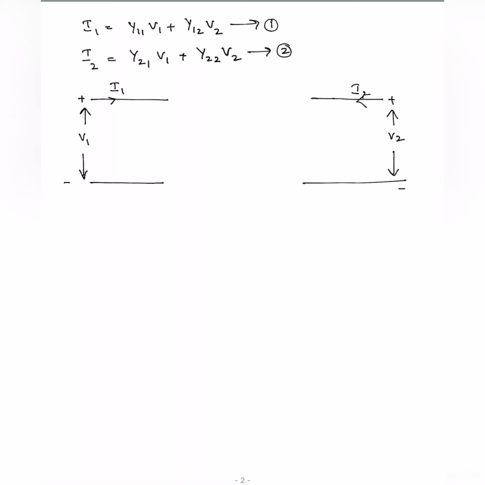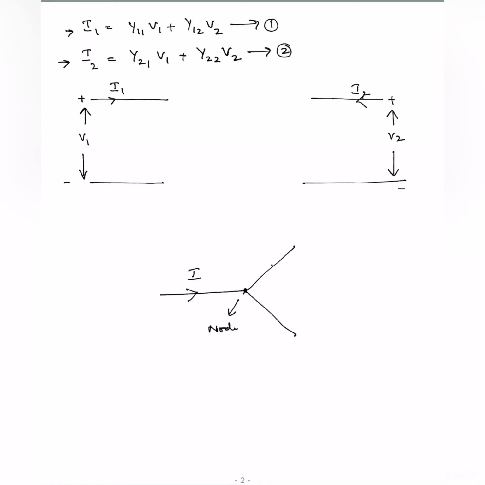Now we know that here we have the governing equations in terms of I1 and I2. So we know from Kirchhoff's current law that a current which enters a node splits into two currents, I1 and I2. This is not a branch, it is a node.